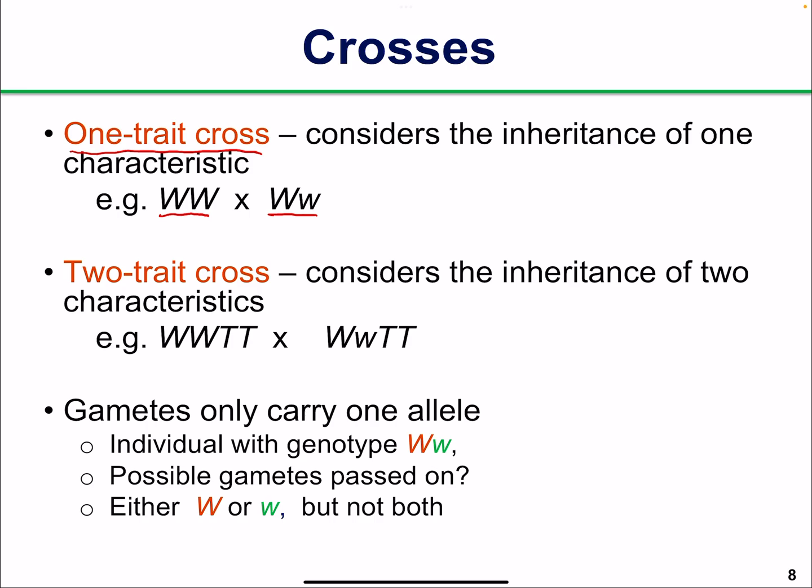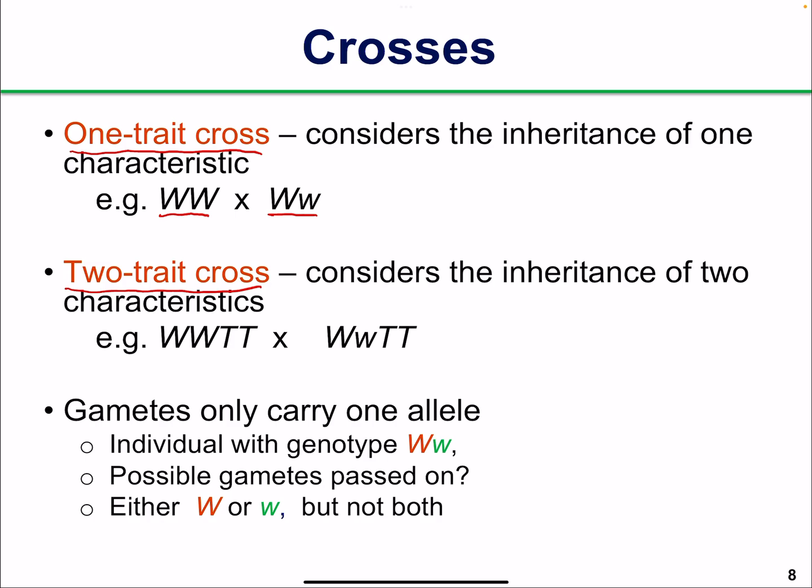We can also ask the same question with two traits, all right? We are not focusing exclusively on individuals with widow's peak or straight hairline, but we are also asking whether these individuals have long fingers or short fingers. That would be two different features we are considering here, right?